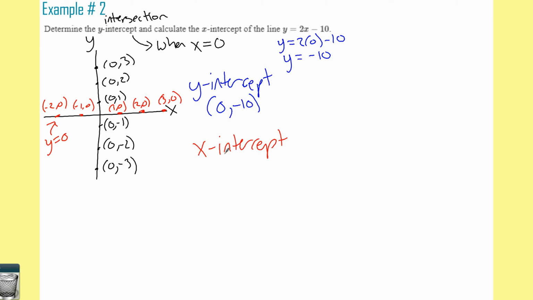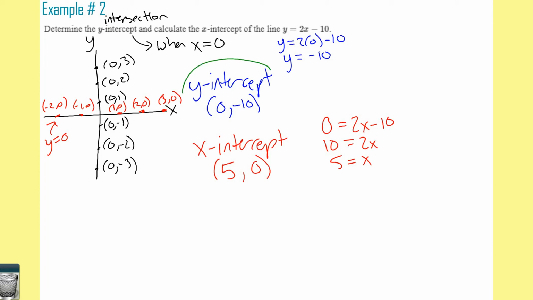So for our x-intercept, our y will always be 0. So we plug it in over here. We get 0 equals 2x minus 10. And then we just solve for x. So here, our x-intercept is going to be at 5, 0. Right, so those are our answers. Y-intercept, x-intercept.